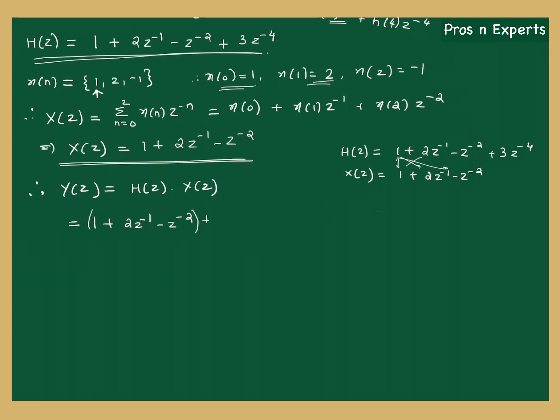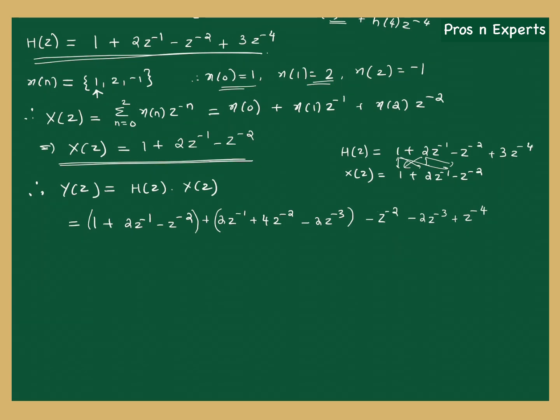Plus, now we can multiply like this. 2z inverse plus 4z inverse 2 minus 2z inverse 3, then minus z inverse 2 minus 2z inverse 3 plus z inverse 4.